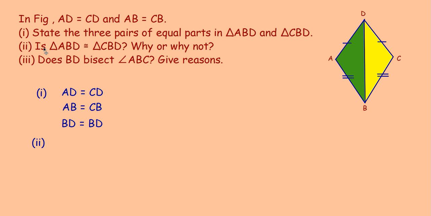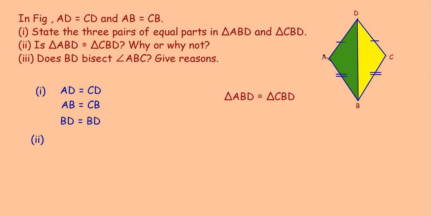Now look at the second part. Is triangle ABD congruent to triangle CBD? Look at the relation. What is the corresponding side of AB? Yes, here it is CB. So AB is equal to CB. It is correct. Now what about BD?